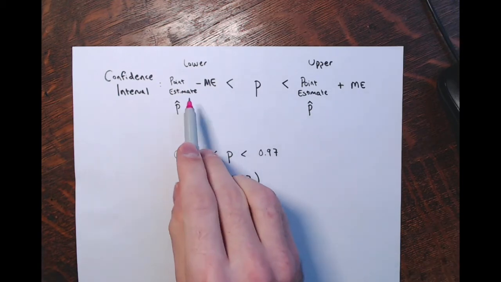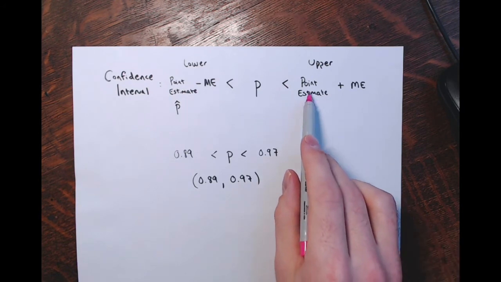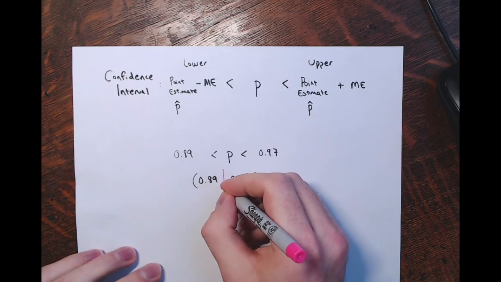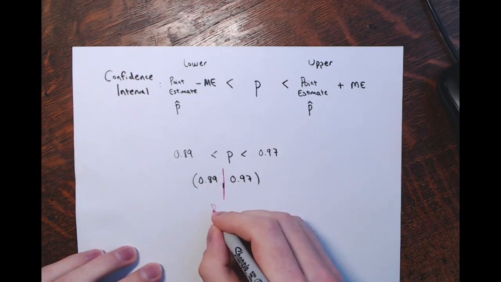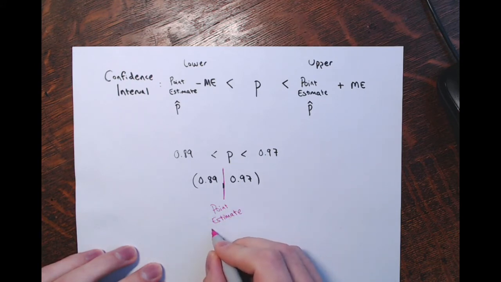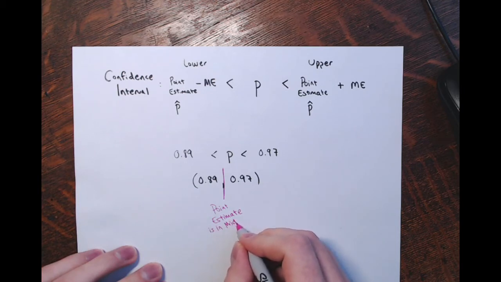Looking at how a confidence interval is formed, p hat plus the margin of error, p hat minus the margin of error, the point estimate p hat is exactly in the middle of a confidence interval.